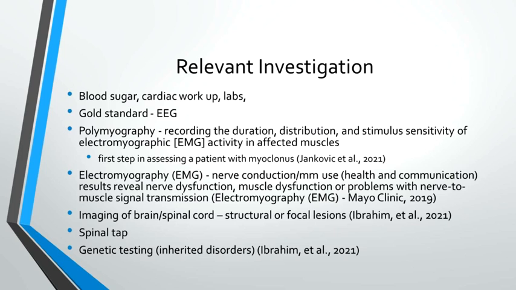Ultimately, if all or none of these things have found anything substantial, then there's potential for brain imaging or spinal cord imaging. What we're looking for is whether structural or focal lesions are identified. Generally MRI is the imaging we're talking about. Depending on your unit, where you live, and the size of the city, you may have just a CT scan, which isn't ideal and may show a little bit, but probably not great.